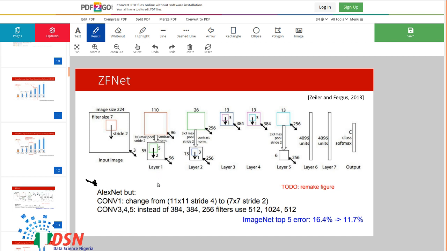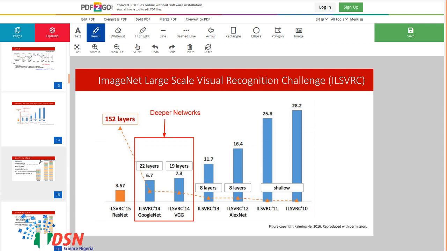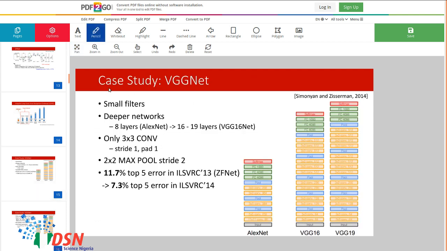The architecture itself is the same, but just with different parameters, like different convolution kernel sizes and different strides, and some different hyperparameters. So we don't need to inspect that so much. Okay. In the next year, in 2014, VGG was proposed. Okay, in VGG we have 19 layers. Okay, so let's inspect that.